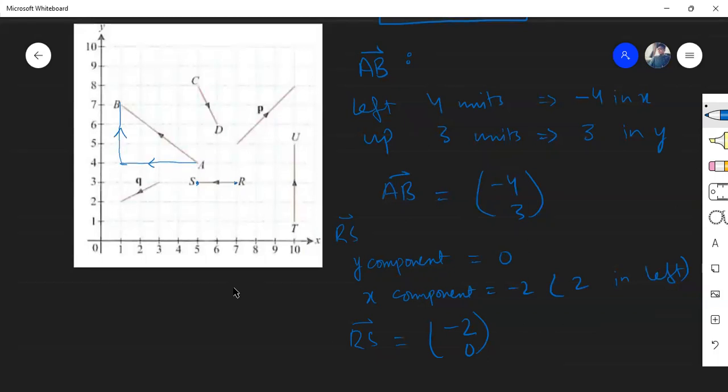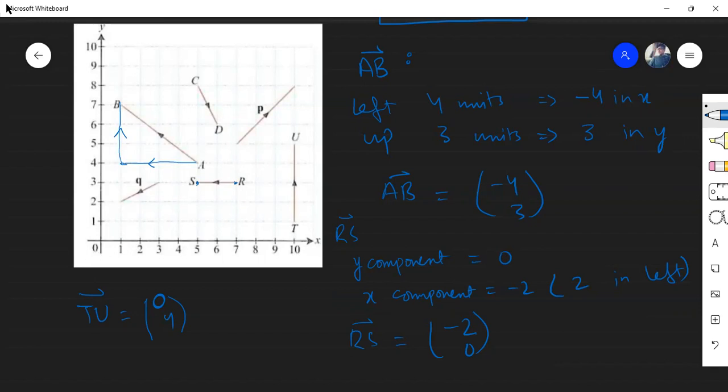Can you tell me what is the column vector of TU? TU is just (4, 0). Are you sure? Oh wait, no, it is (0, 4). Why?